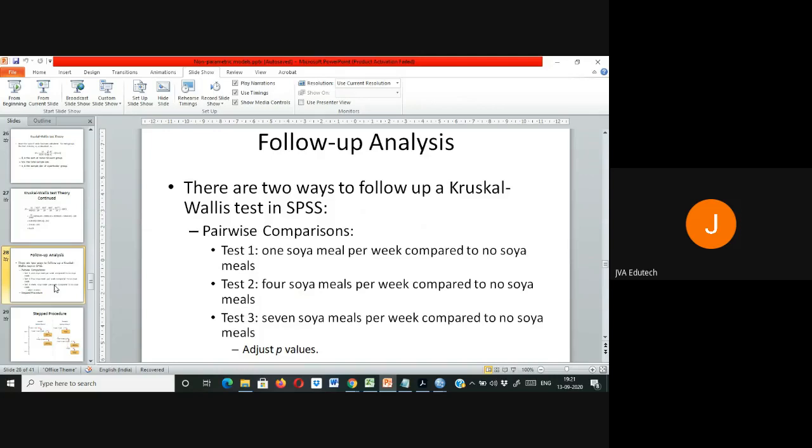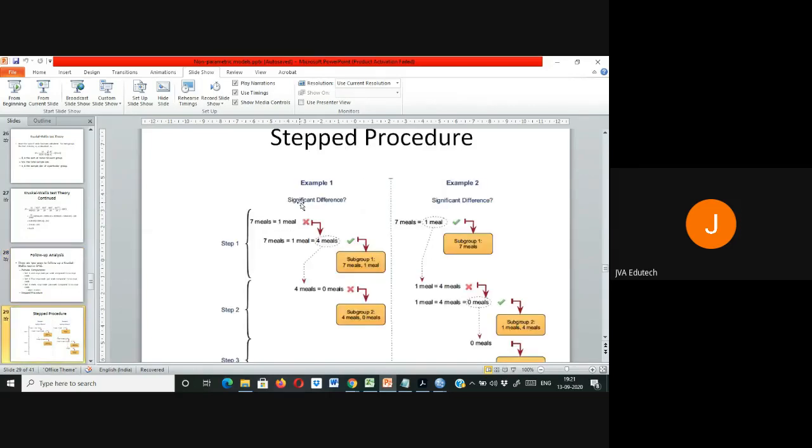In our present analysis, if we do that, it will give us 6 tests. These 6 tests will include 1 meal versus 4 meal, because we have groups 1, 2, 3 and 4. One group has none of the meals consisting of soya, another group 4 consisting of 4 soya meals.